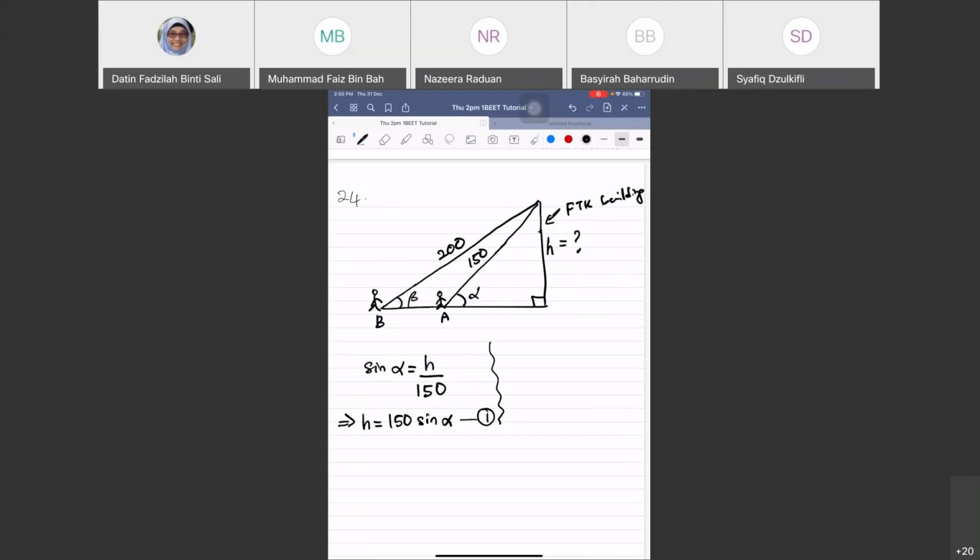Similarly, sine beta equals H over 200, which means H equals 200 sine beta. So you have two equations, and you equate them, like the previous question: 150 sine alpha equals 200 sine beta.